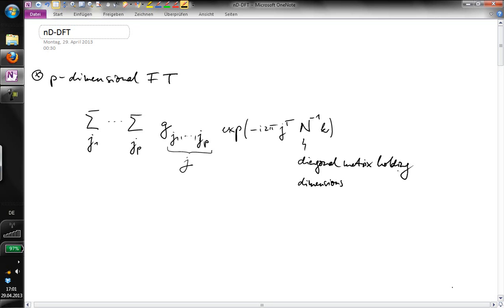And this is what I mean here by dimensions for each index. All right, and what I have here is an exponential which sums over the dimensions.